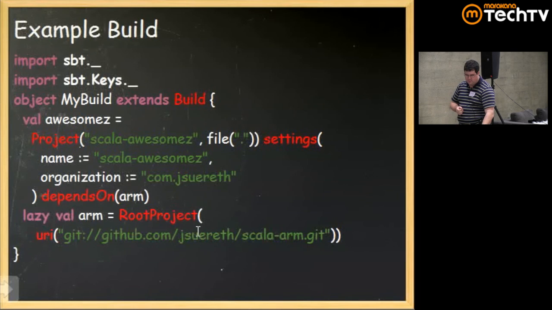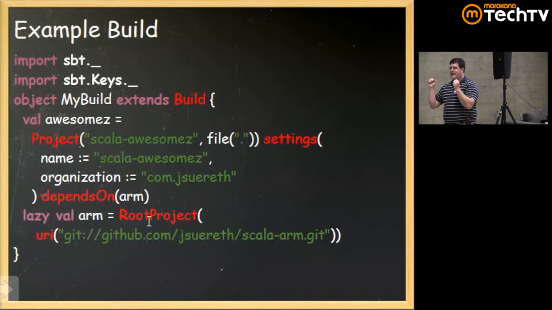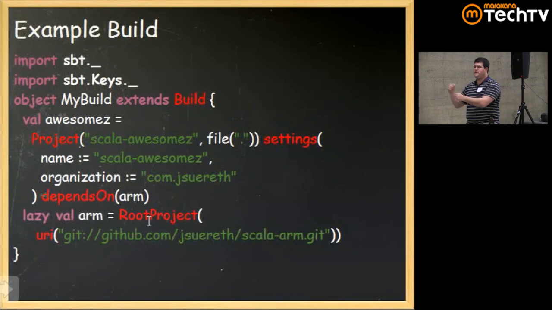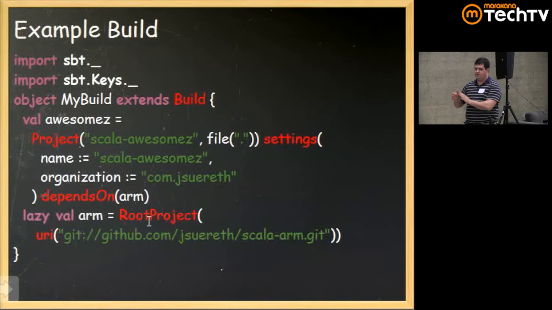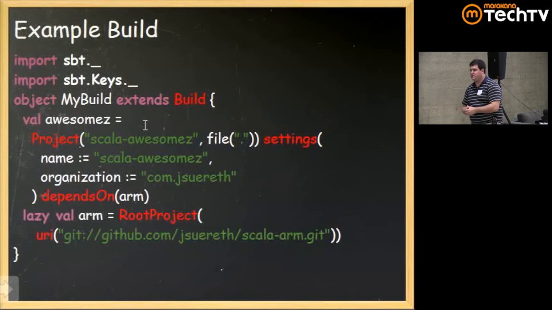I'm defining this as root project. Root project is a special class in SBT that denotes that the URI that I reference here, or the file that I reference here, has its own build. And when you pull this in, you need to pull in that other build as well. So I'm literally pulling down things out of GitHub, compiling the project for ARM, and then I am attaching this as a dependency to Scala Awesomes project.